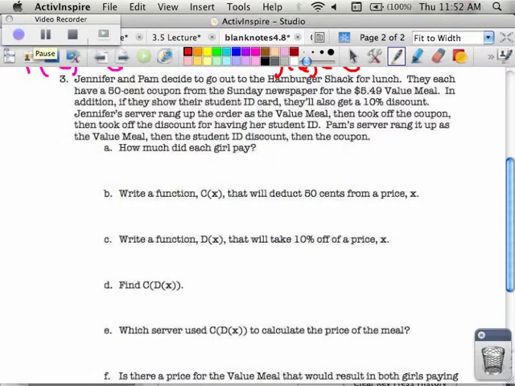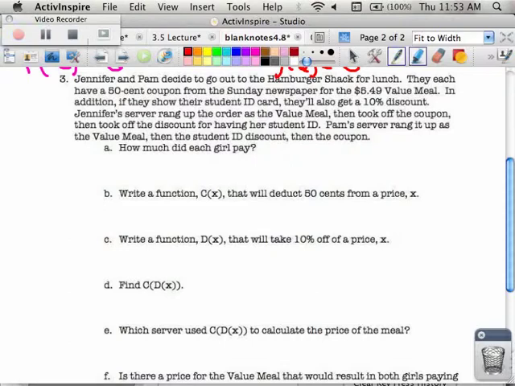So Jennifer and Pam go to the snack shack, and they each have a 50-cent coupon. And it's for a $5.49 value meal. If they show their ID card, they get 10%. Jennifer's server rang it up as the value meal and then took off the coupon. And Pam did it the other way around. And what we're going to see is what happens.